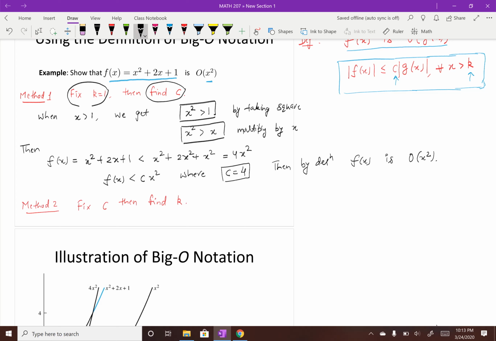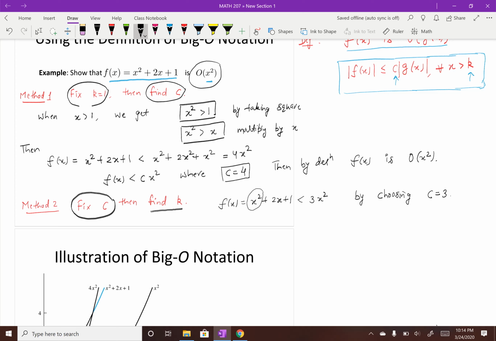My second method is based on the concept that I fix the value of c, and then I try to find the value of k. If my function f of x is x square plus 2x plus 1, then from the concept of the growth of the function, I know that x square is going to dominate the growth of this function. So since I have to prove that f of x is big O of x square, I can claim, let's suppose, that this is less than 3 times x square by choosing c equal to 3.